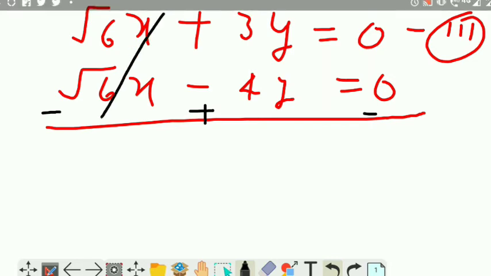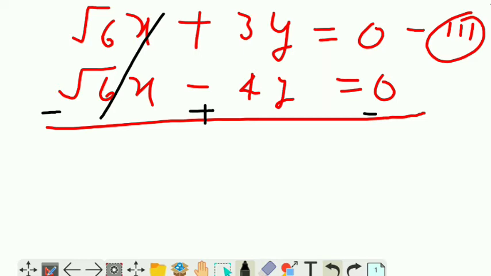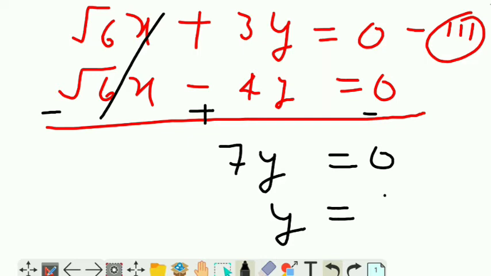Now this term, the whole term is cancelled, because one is positive and one is negative. Now 3y plus 4y, that is 7y is equal to 0. So y is equal to 0 upon 7, so the value of y is 0.